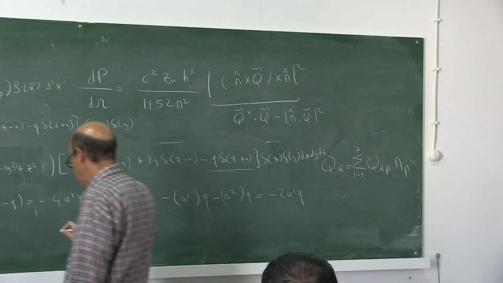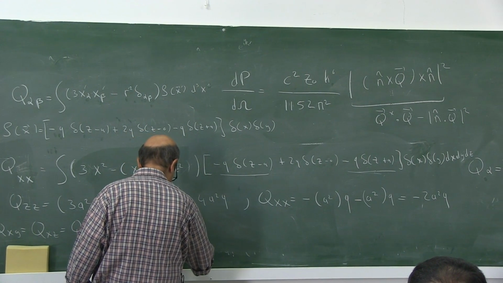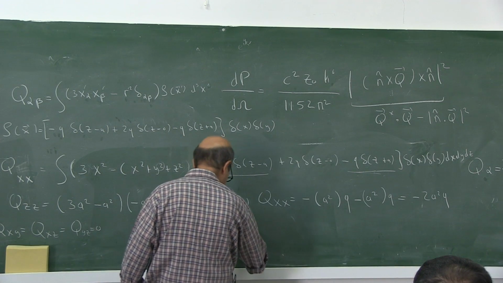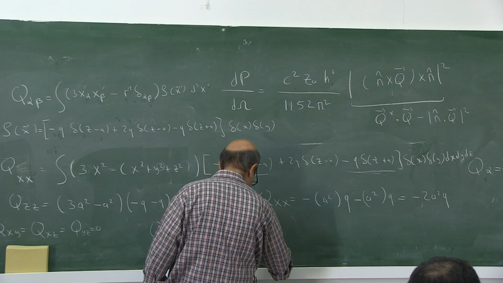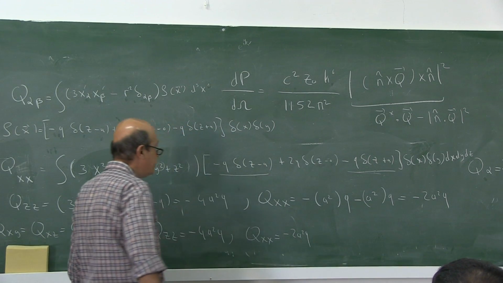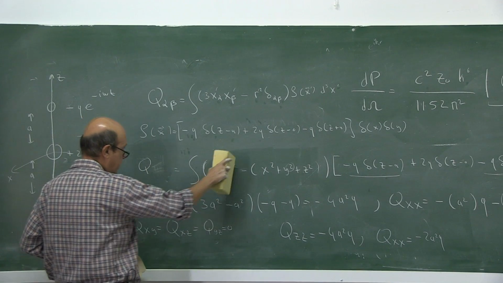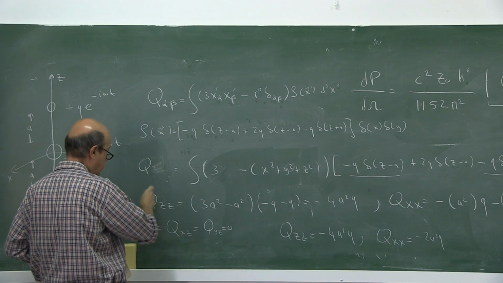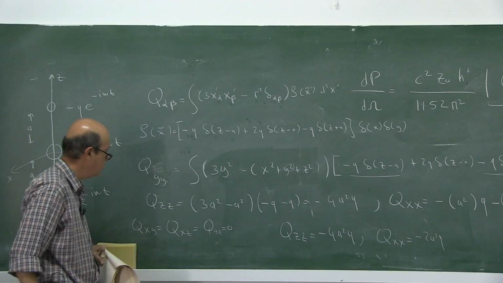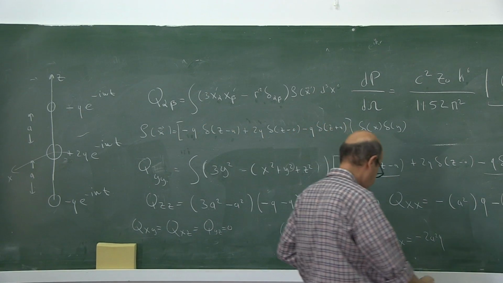So Qzz is minus 4a square q. Qxx is minus 2a square q. If you calculate the Qyy, what are you going to obtain? Same, yes.